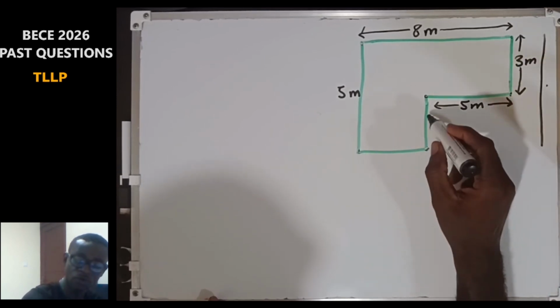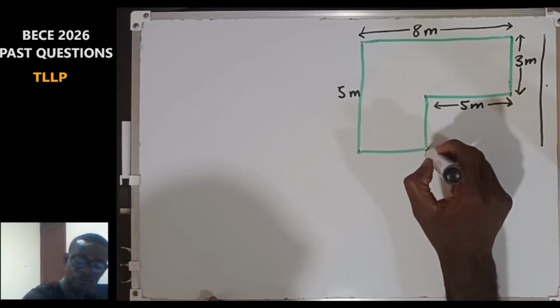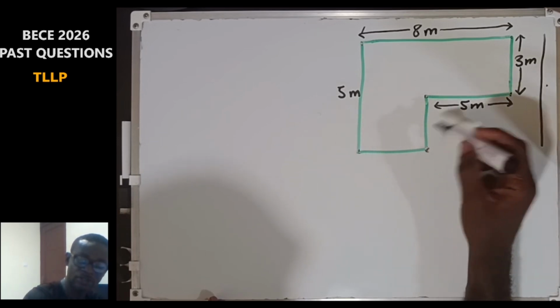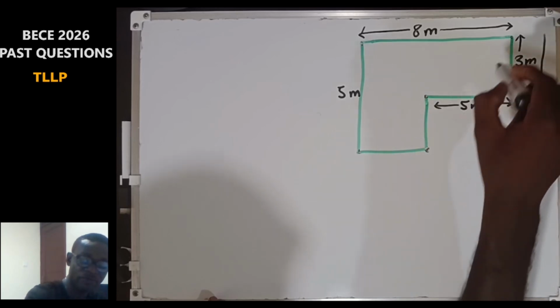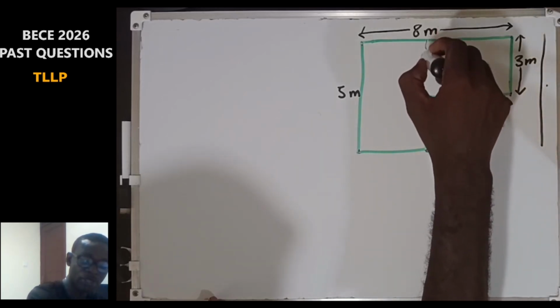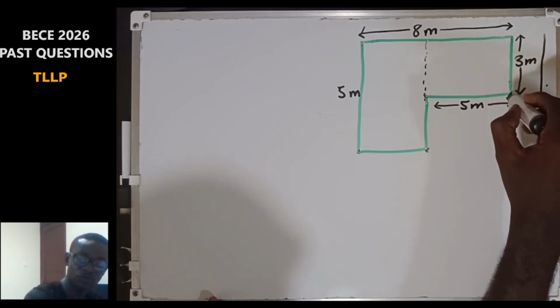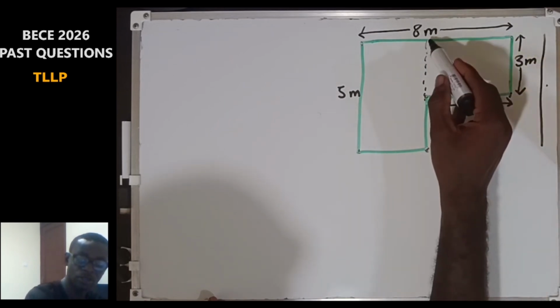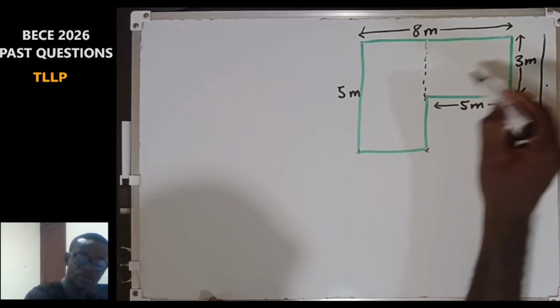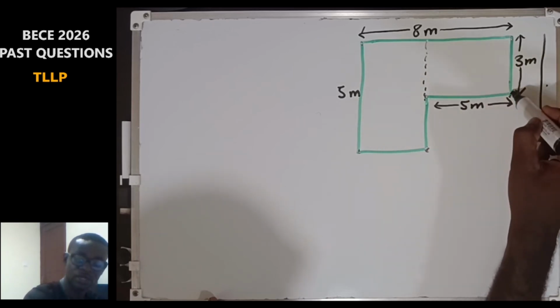So if we want this place, it means we have to subtract 3 from 5, because from here to here is the same length as from this side to this side. So watch here, this side to this side is the same length as this side to this side.